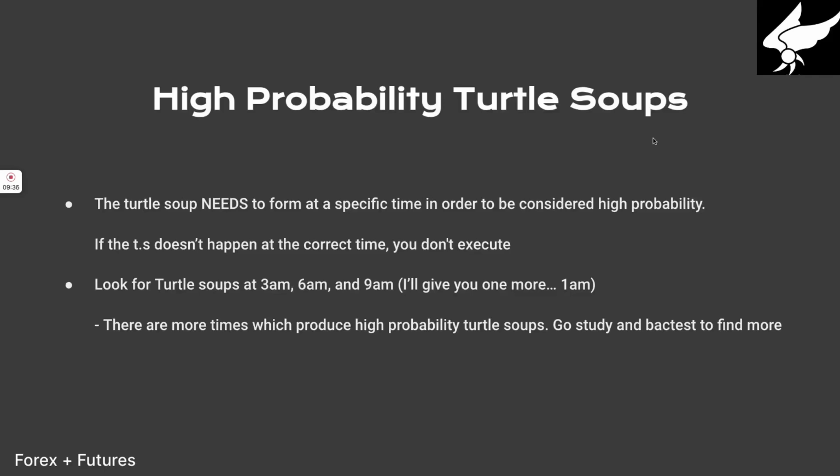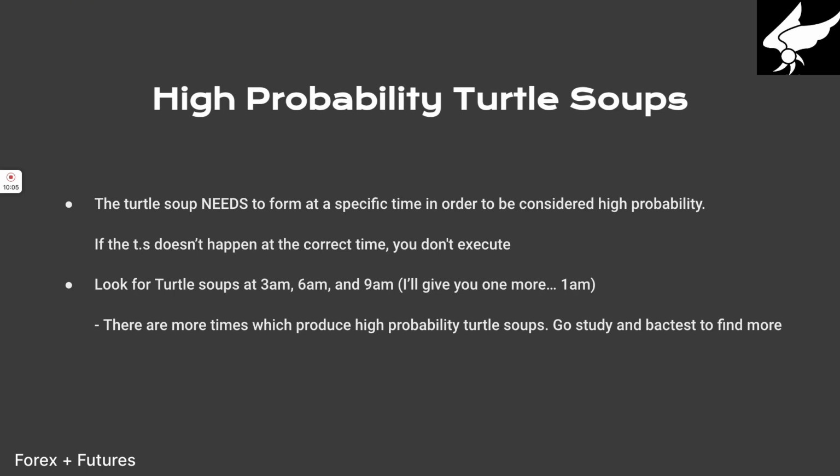So now, since we know the high probability CRTs and what times and what days they form, we must now learn where the high probability turtle soups, the high probability purges will come. What times? The turtle soup needs to form at a specific time in order to be considered high probability.